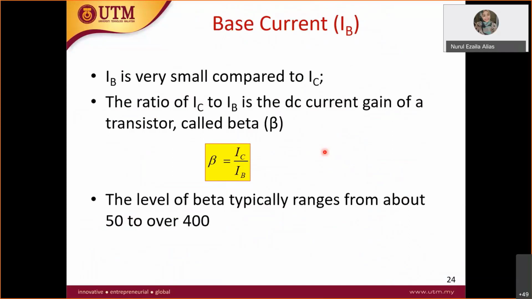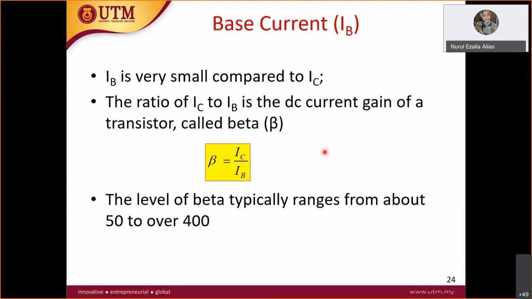Beta is a gain value, a gain factor. Beta is usually very large, more than 100 or 200. So everything output from the BJT will be multiplied by the beta value. It is like a gain function, a gain factor.